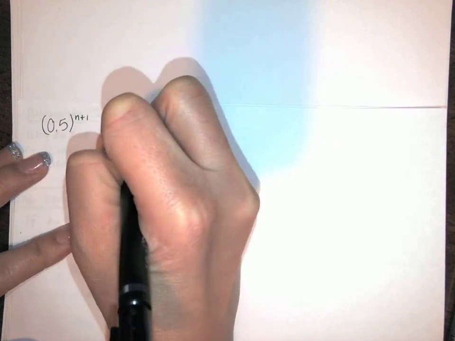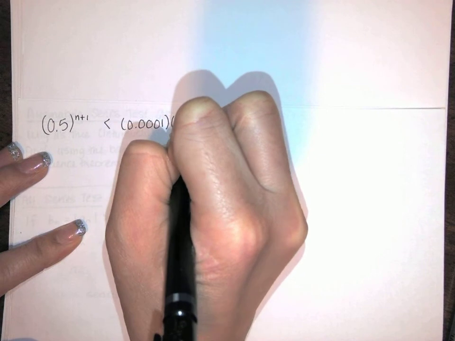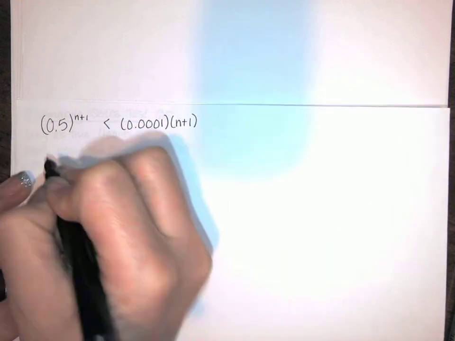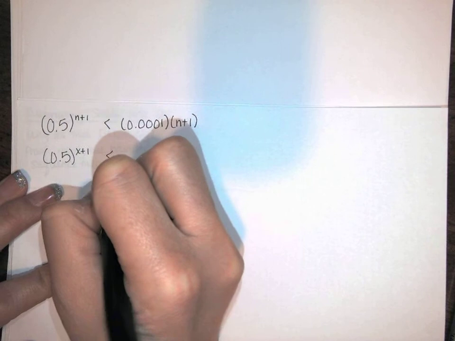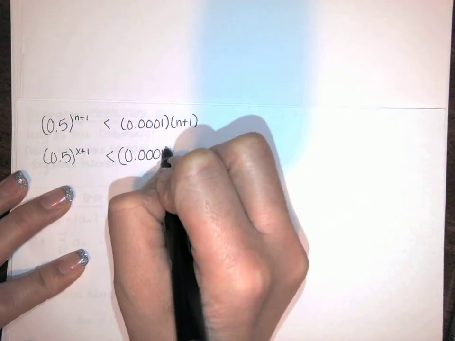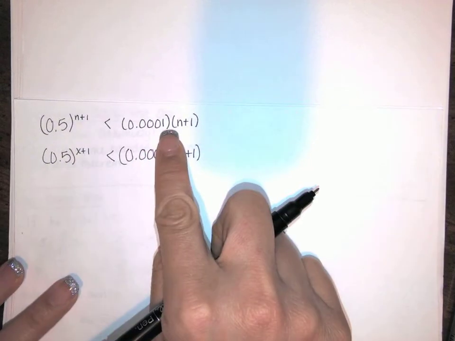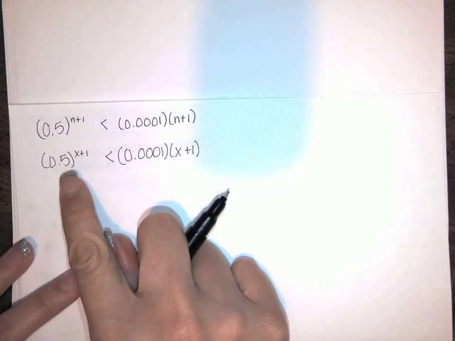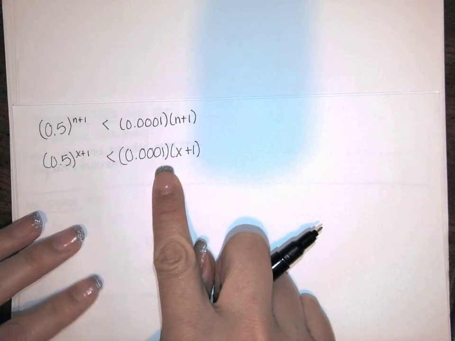If I'm comparing 1/2 to the n plus 1 to this other function, 0.0001 times n plus 1, it's going to be very similar to comparing that exponential function to this linear function. The only difference is this is evaluated at integers n, actually positive integers n, and this is evaluated at all real x values.